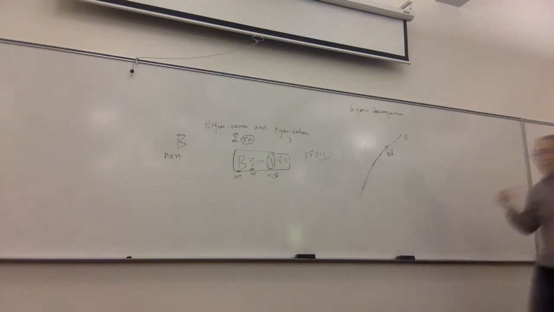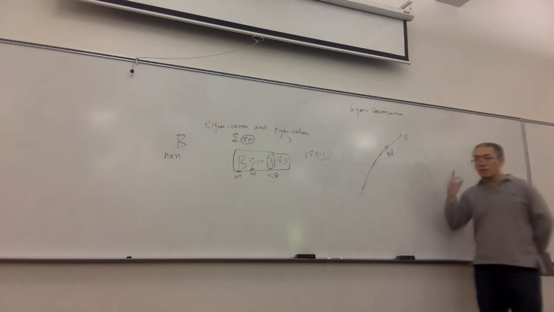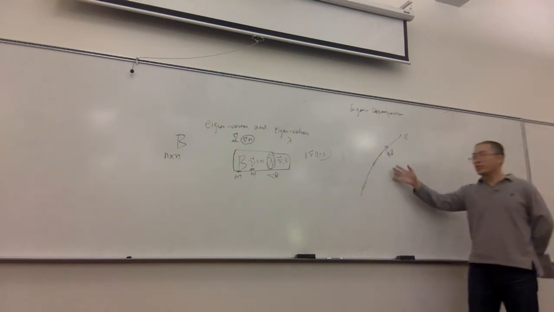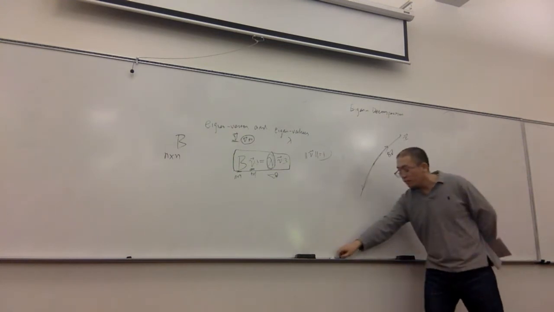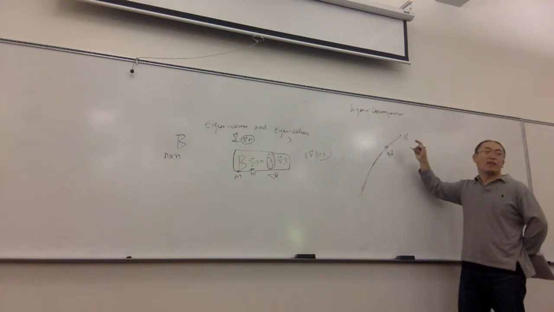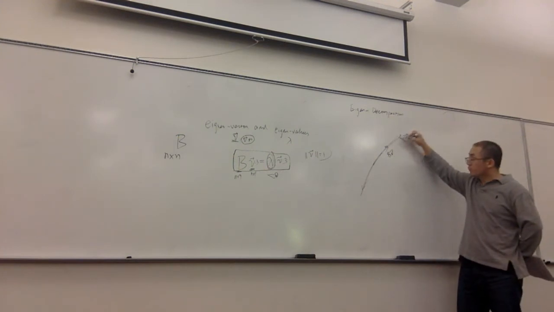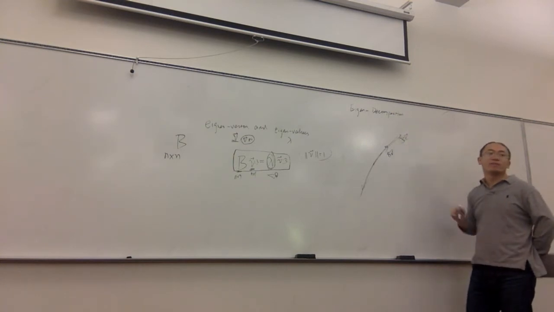What is an eigenvector for a matrix? When I multiply the matrix with the eigenvector, it does not change the direction of the vector. This is called an eigenvector. It only changes the length of the eigenvector. The factor of change is encoded by the eigenvalue lambda.